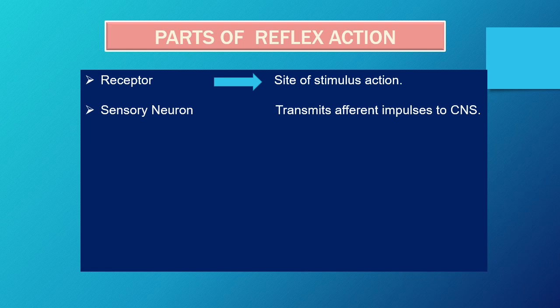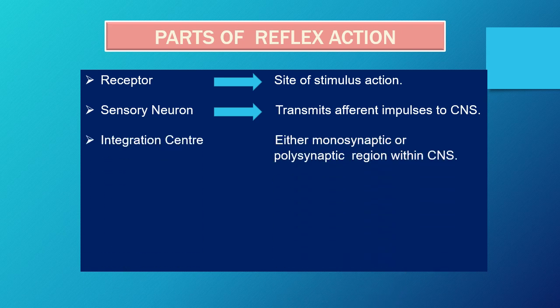Parts of reflex action. Receptor. It is the site of stimulus action. Sensory neuron. It transmits afferent impulses to the central nervous system. Integration center.